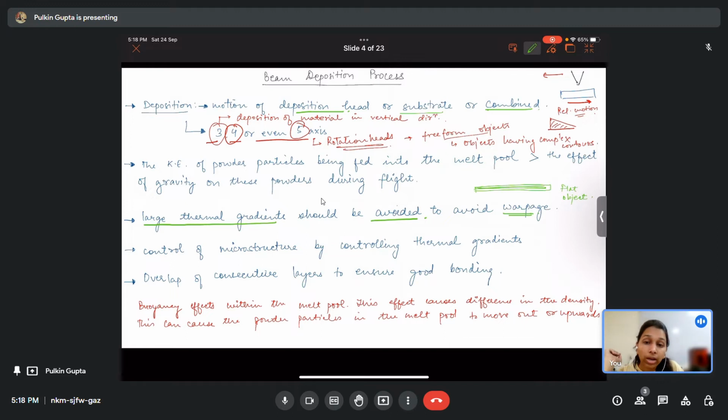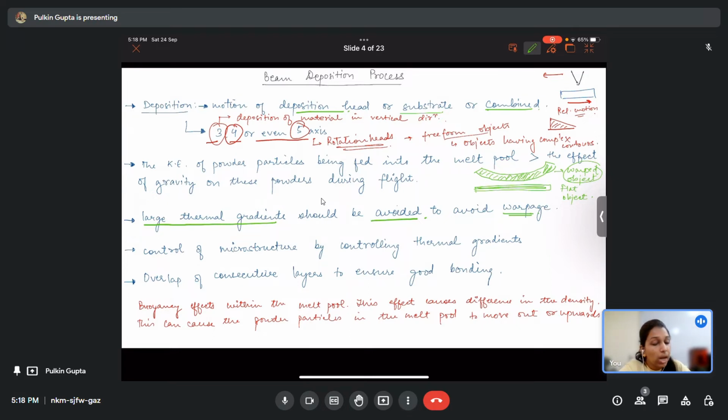But when you have very large thermal gradients, they will cause warpage. So your object will kind of bend. So this is your warped object. So we never want a warped object.